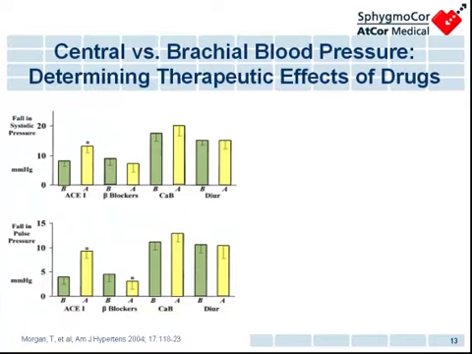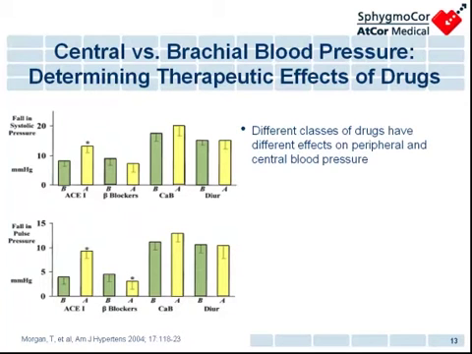But ACE inhibitors, calcium channel blockers, diuretics have a much more profound effect on the central pressure compared to beta blockers. And I think this is one of the reasons why we've seen differential effects in outcome studies as well. There's a number of outcome studies out there now that have shown benefits of ARBs or ACEs over beta blockers when it comes to blood pressure control.